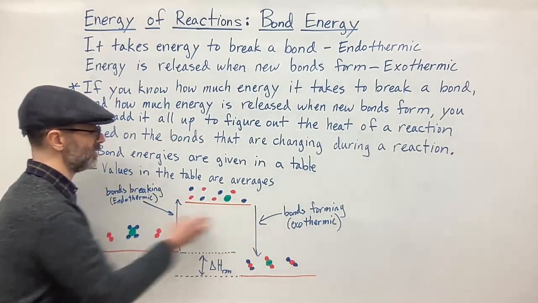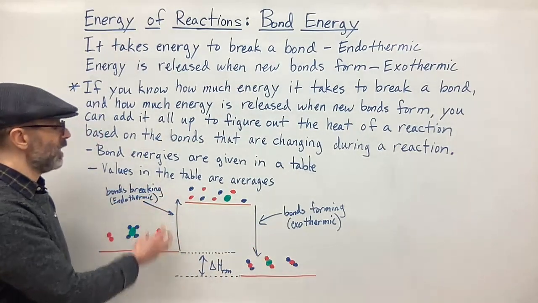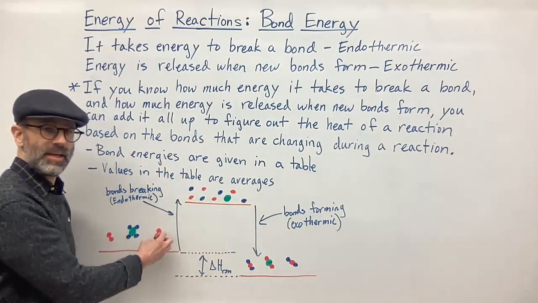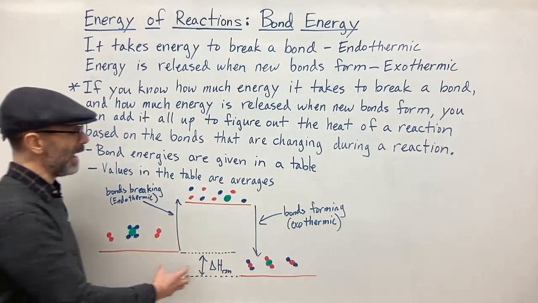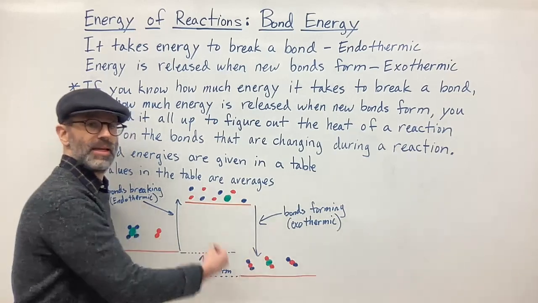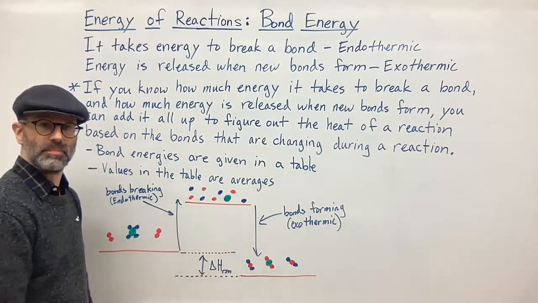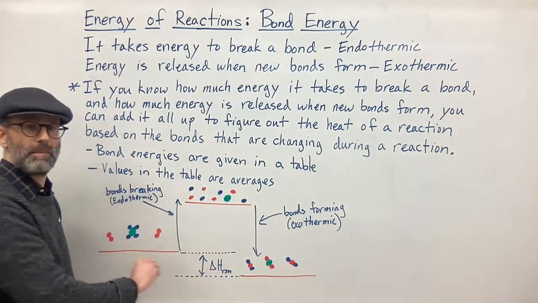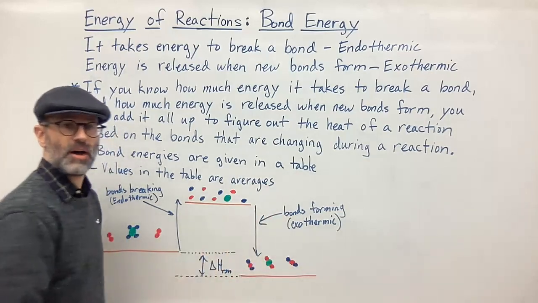So when I add these together, I'm going to basically take the bonds that I'm breaking and subtract from that the bonds that I am making. So it ends up being bonds broken minus bonds formed.